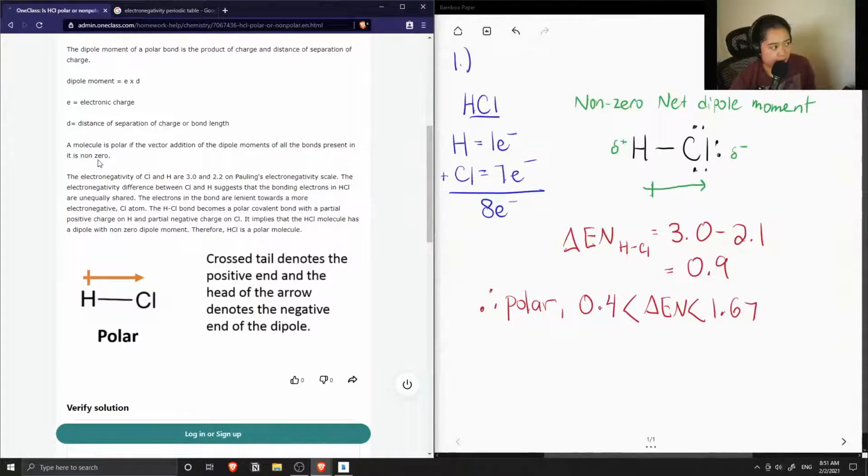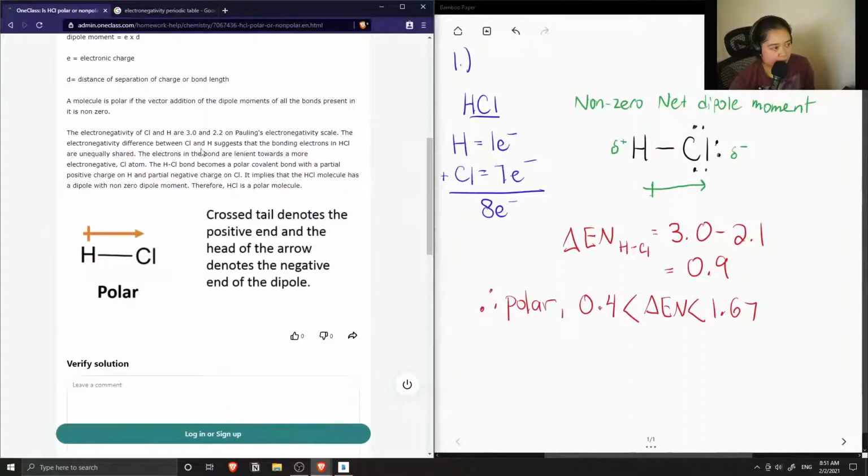So the electronegativity of chlorine and hydrogen are 3 and 2.2 on Pauling's electronegativity scale. The electronegativity difference between chlorine and hydrogen suggests that the bonding electrons are unequally shared, and they are leaning towards a more electronegative atom, such as chlorine.